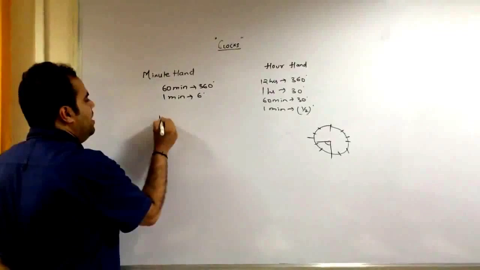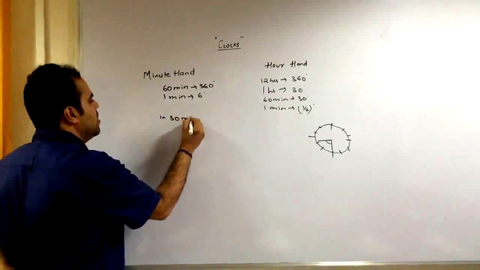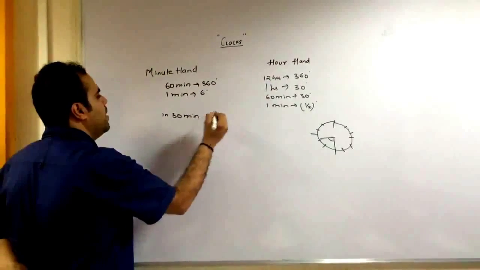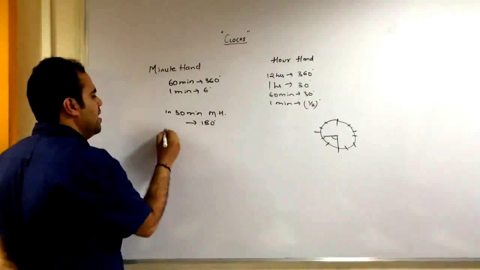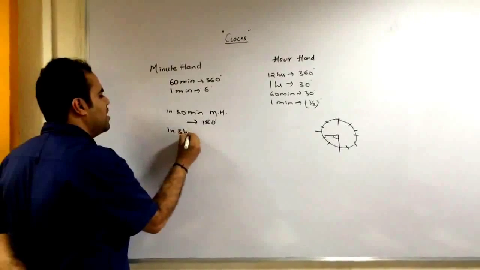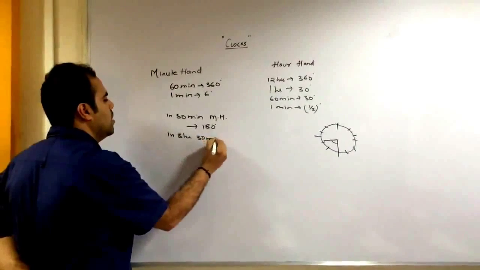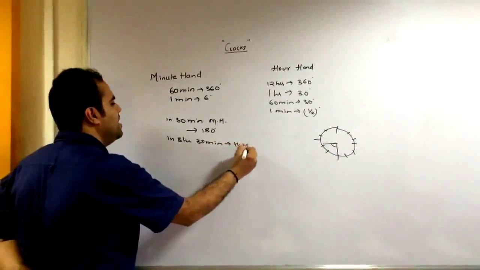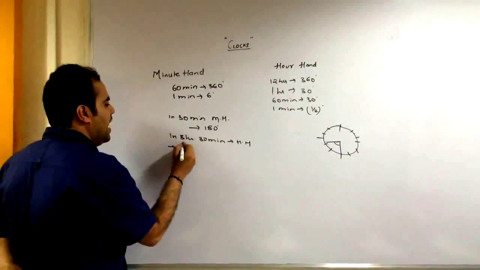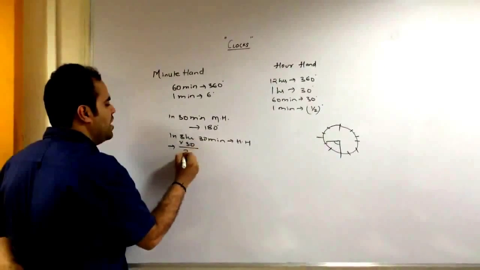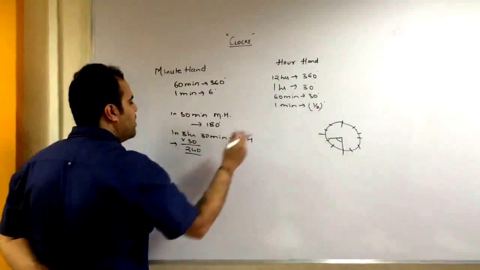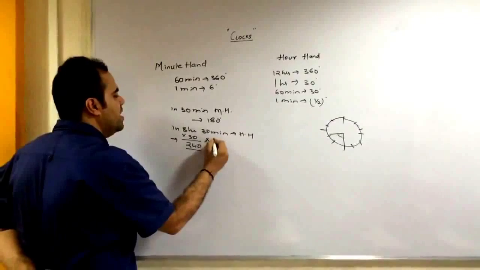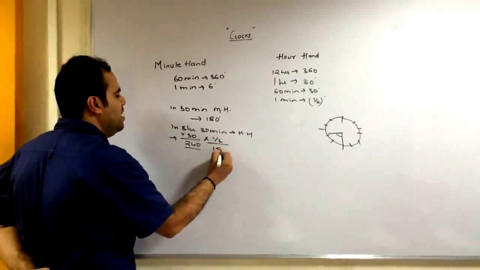In 30 minutes, the minute hand will cover how many degrees? It will cover 180 degrees. Whereas in 8 hours and 30 minutes, my hour hand will cover how many degrees? The hour hand will cover 8 hours into 30, that is 240 degrees in 8 hours, and then there are 30 more minutes. So in 1 minute it covers half a degree. So in 30 minutes it will cover how many degrees? 30 into half, which will give you 15.